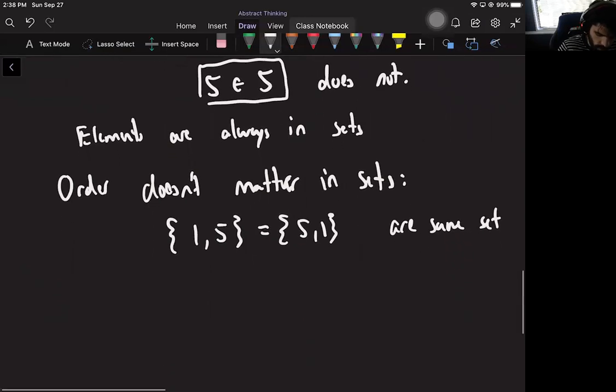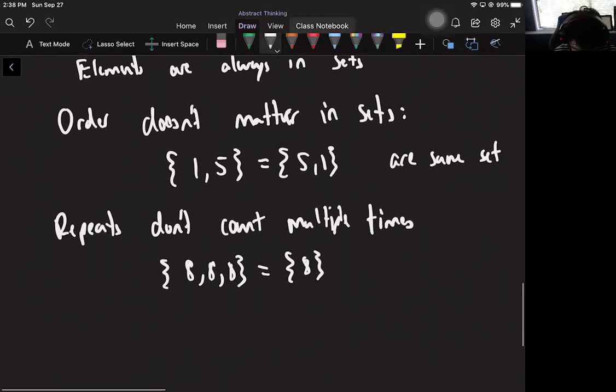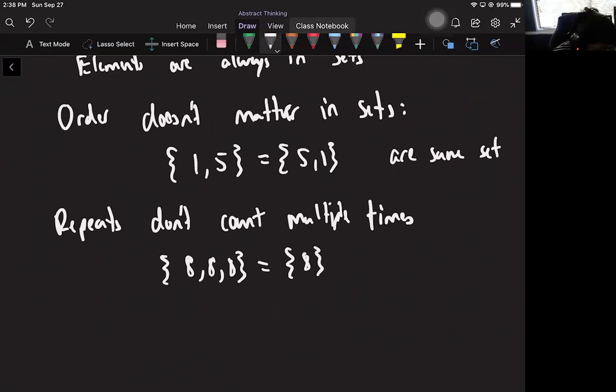And then also repeats don't count twice or multiple times. So if I say the set with 8, 8, and 8 in it, that's just the set with 8 in it. Okay. All right, so what else do we need?